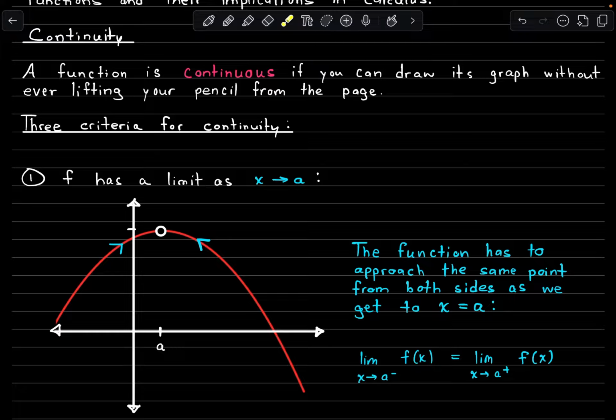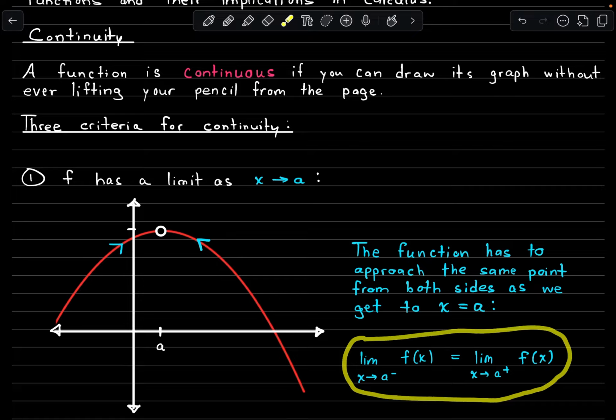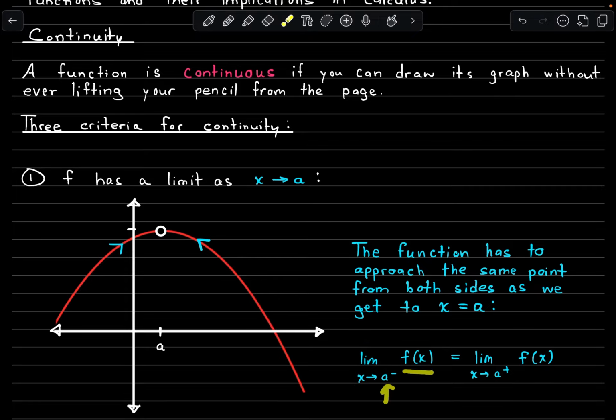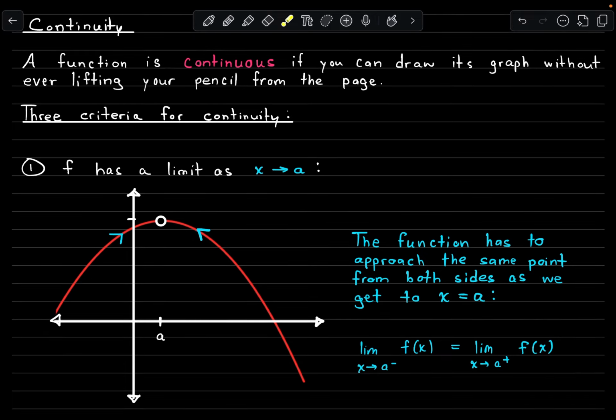We can write this as the limit as x approaches a from the left of f of x equals the limit as x approaches a from the right of f of x. This little minus sign means from the left, and the little plus sign means from the right. So that's the first important piece of information.